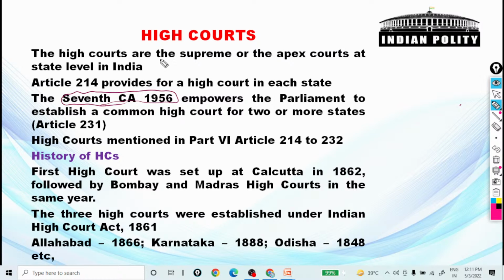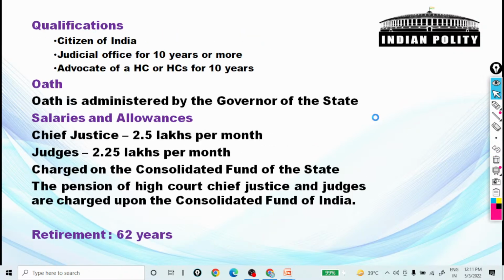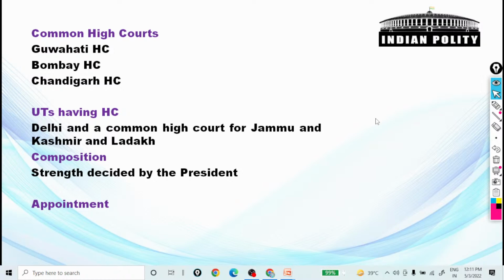Accordingly, Parliament has the authority to establish it. That is a Common High Court. That means a Common High Court is a high court under which more than one state exists.